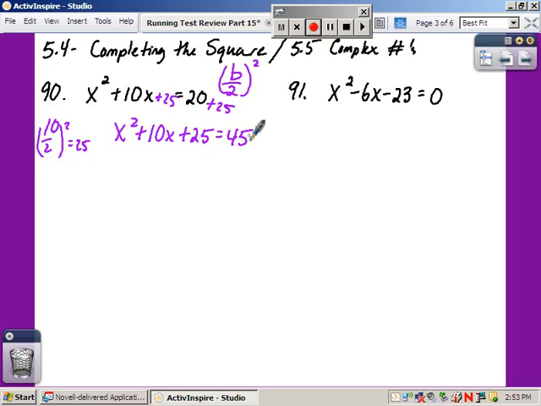Alright, so the reason you do that is so you can factor this in a perfect square trinomial format, which looks like this. You're going to square root the first term, take the sign of the middle one, and square root the third one. Like that.